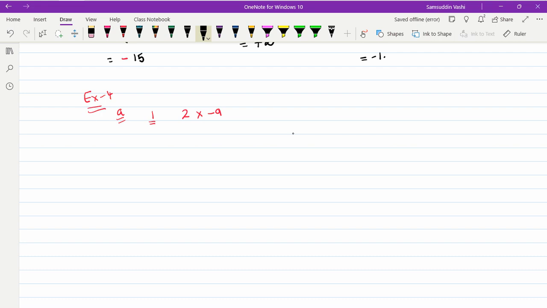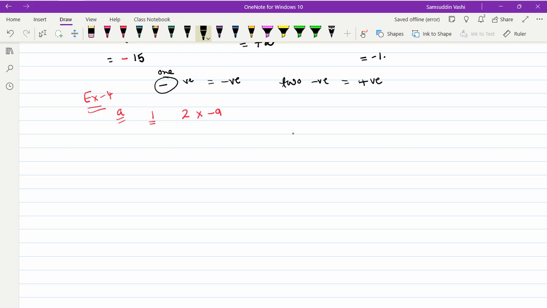What is the rule to remember? 1 negative is negative and 2 negatives is positive. Okay, in multiplication. Okay, and it is also true for opening the bracket.